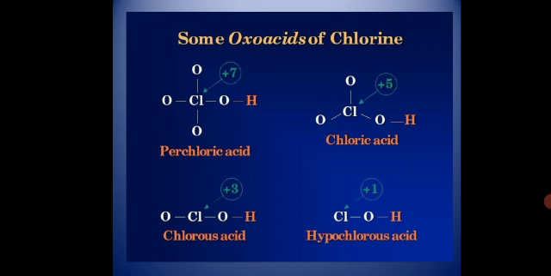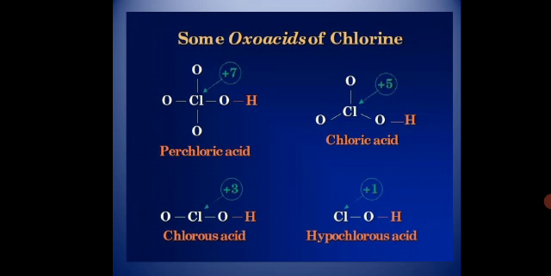Coming to halic acids and halates. Halic acids means HClO3, chloric acid, HBrO3, bromic acid, HIO3, iodic acid. They are called halic acids. The stability of the halic acids increases with increase in the atomic number of the halogen.